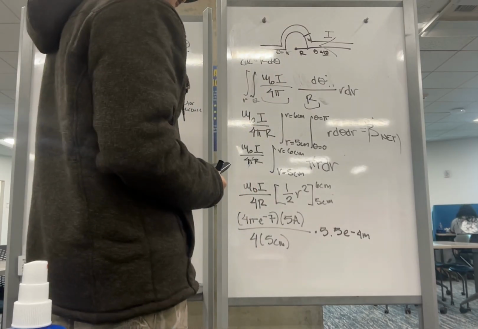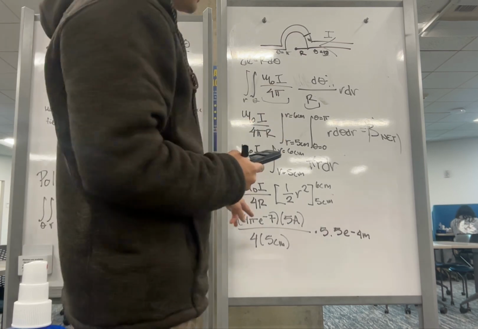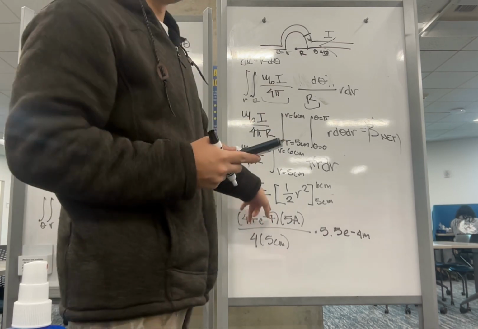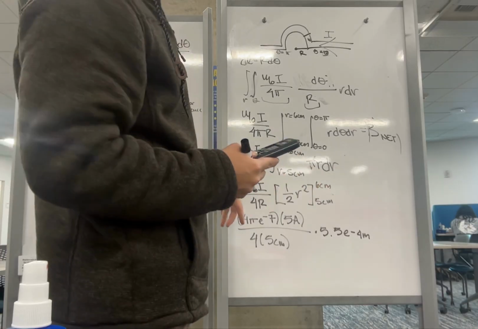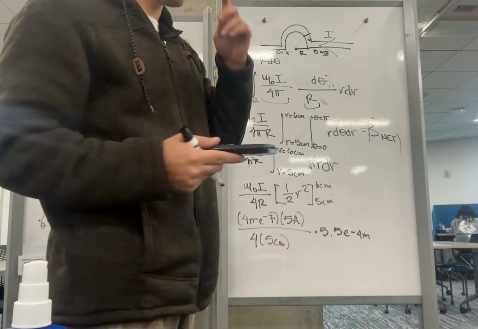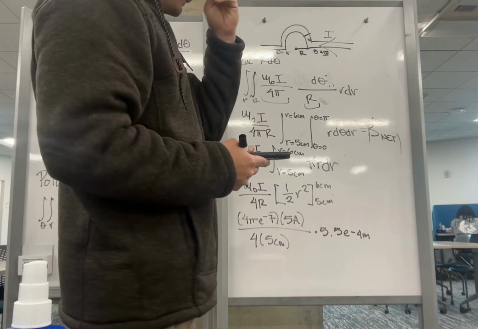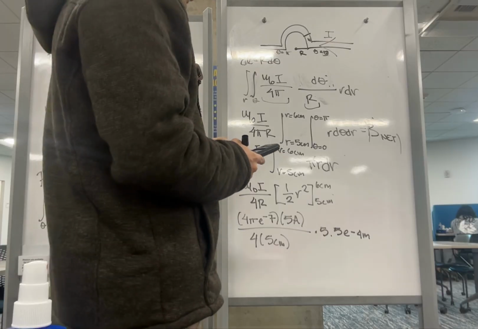So now let's compute this. Also, these have really weird units, henries over meters, which in the end cancel out all the other units and turn it into just Teslas, which is the unit for magnetic field. So we're just going to solve for this real quick.